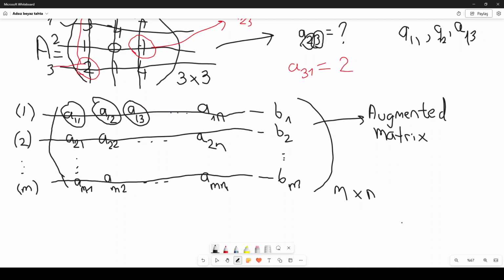As desired, because our system is an m by n system, and if this matrix form really corresponds to that system, the size should match. So we got m rows and n columns, which enable us to represent our system of linear equations in the matrix form. And what I've done here is called the matrix form. So this augmented matrix is the way that we convert our system of linear equations into a matrix called an augmented matrix.